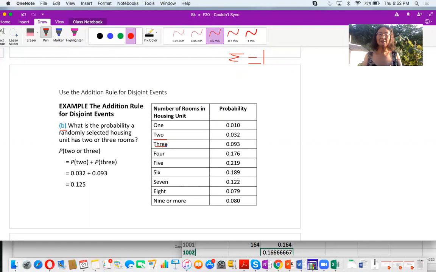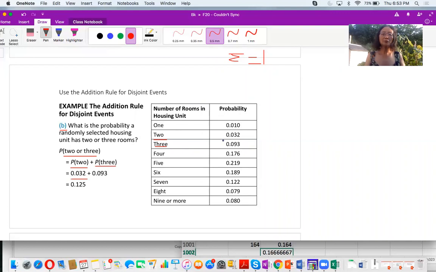On the other hand, when a housing unit has 3 rooms, it cannot have 2 rooms. So they are disjoint events. 2 room, 3 room are mutually exclusive. So the probability of 2 room or 3 room, because they are disjoint, equals the probability of 2 room plus the probability of 3 rooms.